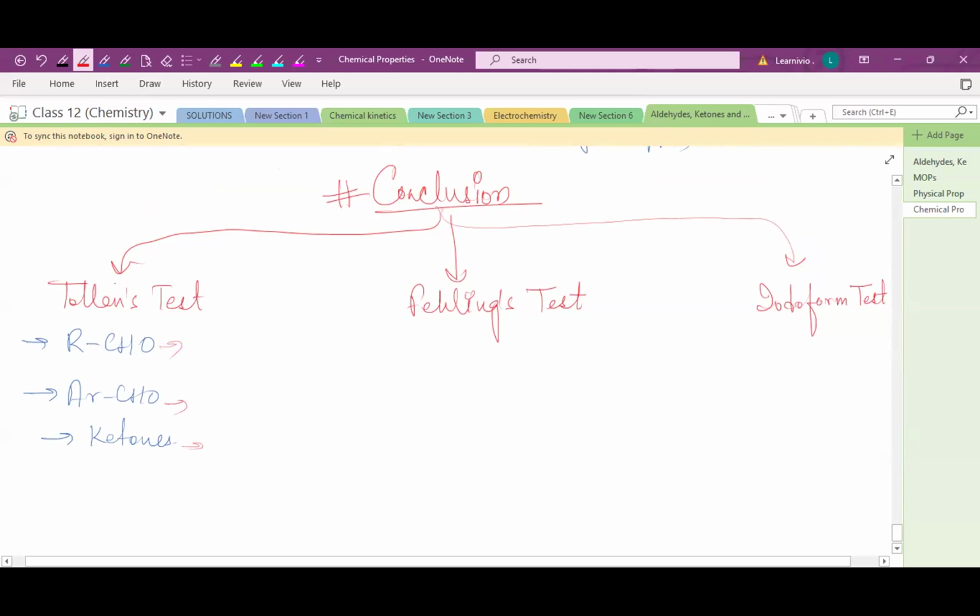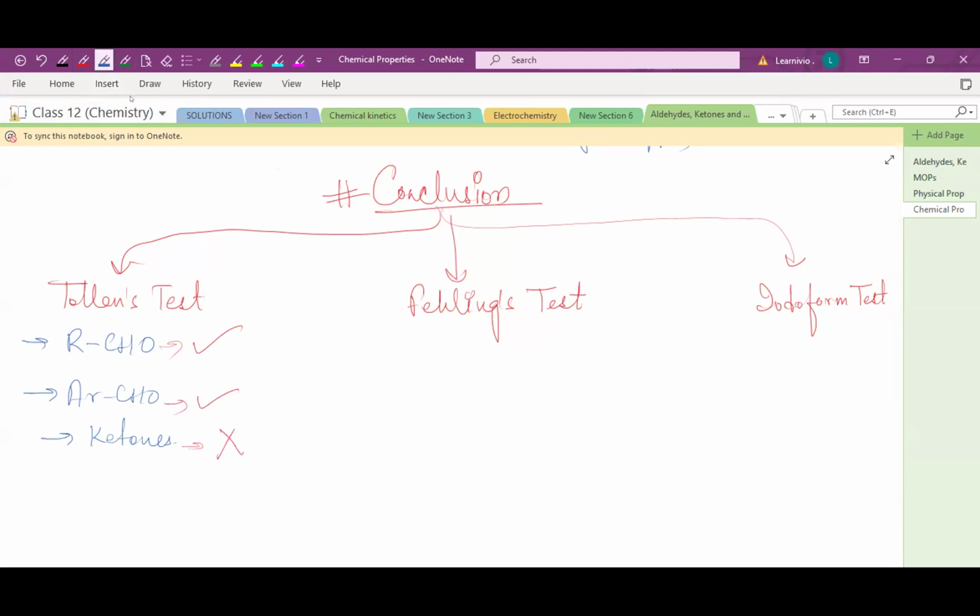This is for the aliphatic or aromatic aldehyde. So aliphatic or benzaldehyde or any aromatic aldehydes can give this positive test, right? So yes, the Tollens test is given by the aliphatic aldehyde. Yes, Tollens test is given by the aromatic aldehyde. Yes. But ketones do not give this test.